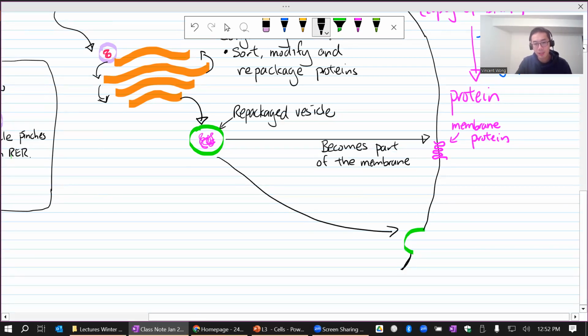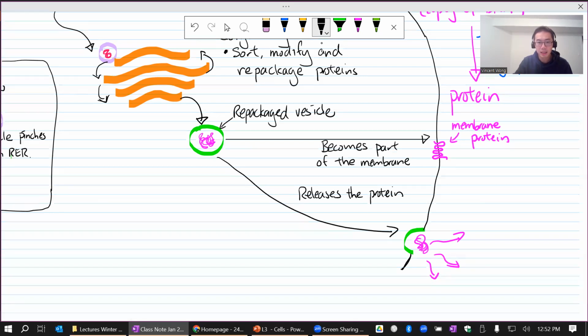The bubble is going to fuse with the membrane, and then the protein is going to get released from the cell, out of the cell. And then you can use it for whatever purpose. Different proteins have different functions. You release it out of the cell, it's going to do its thing.